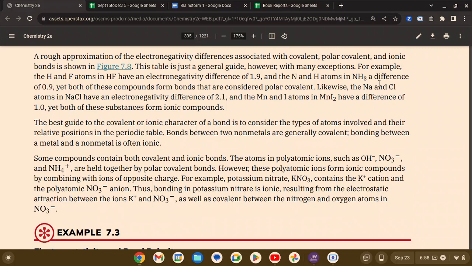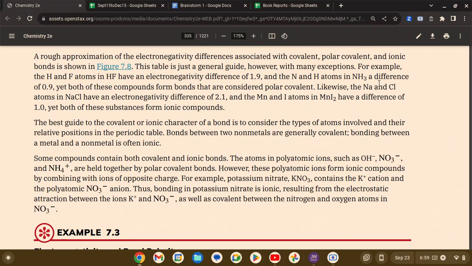The best guide to the covalent or ionic character of a bond is to consider the types of atoms involved and their relative positions in the periodic table. Bonds between two nonmetals are generally covalent. Bonding between a metal and a nonmetal is often ionic. Some compounds contain both covalent and ionic bonds. The atoms in polyatomic ions such as OH, hydroxide, nitrate, and ammonium are held together by polar covalent bonds.